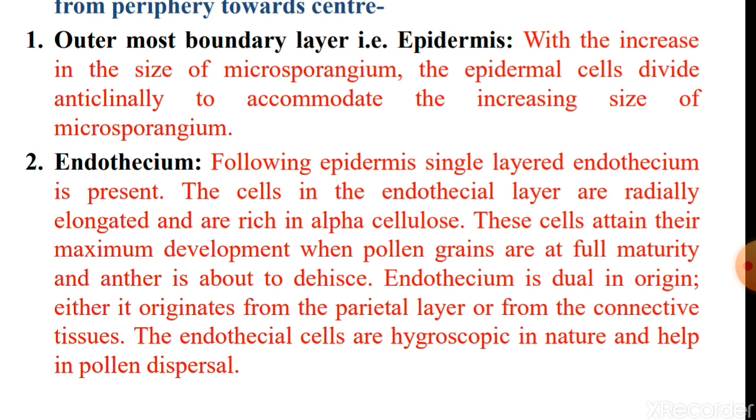This endothecium is hygroscopic in nature and helps in dispersal of microspores when they become mature. The endothecium is dual in origin; either it originates from the parietal layer or from the connective tissues.